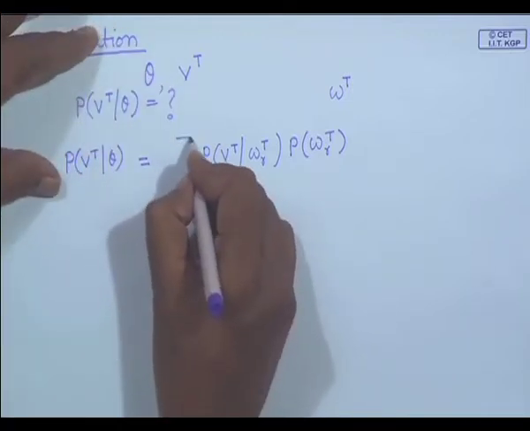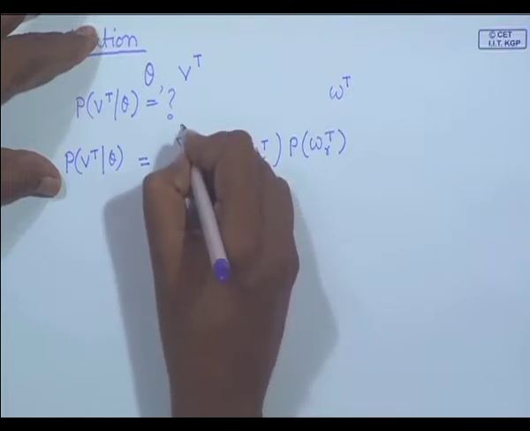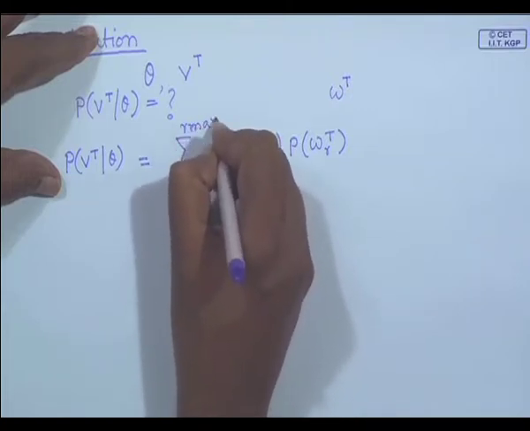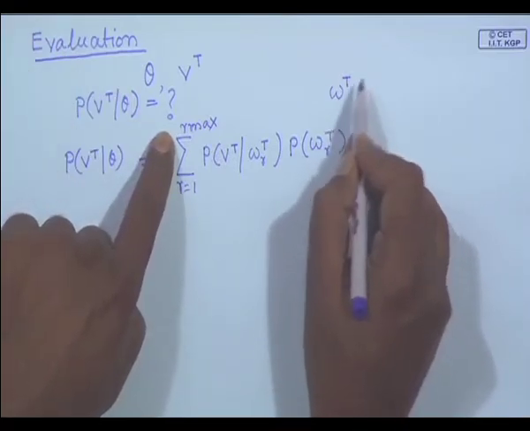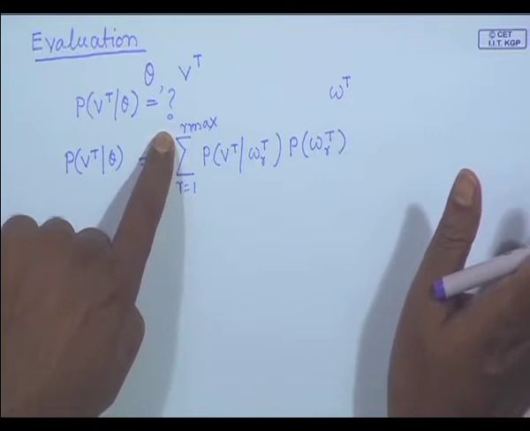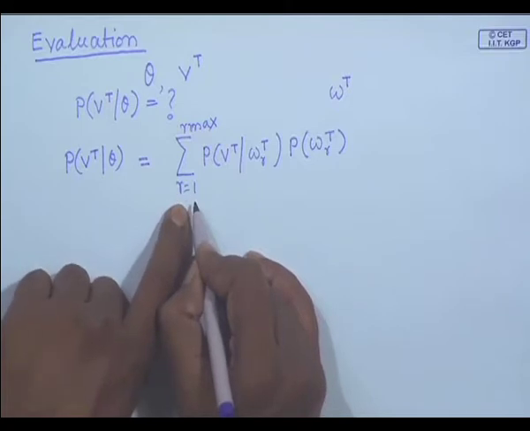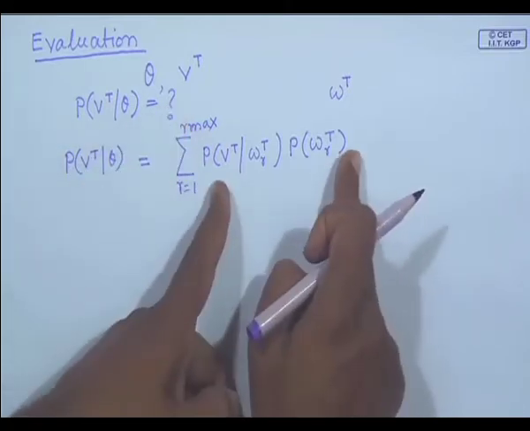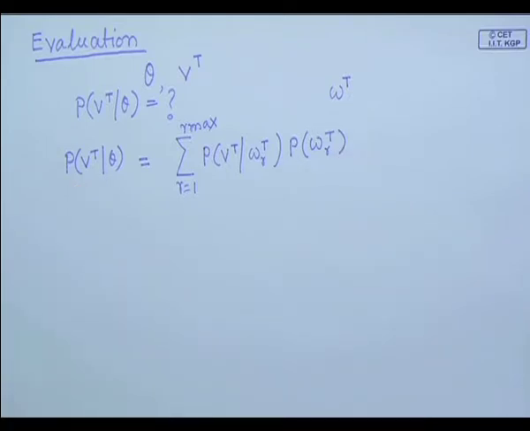And if I take the summation of this for r equal to 1 to r max, where r max is the number of such possible sequences that I can generate, then what I get is P(V^T | theta), the probability that this sequence of visible states V^T is generated by this model theta.